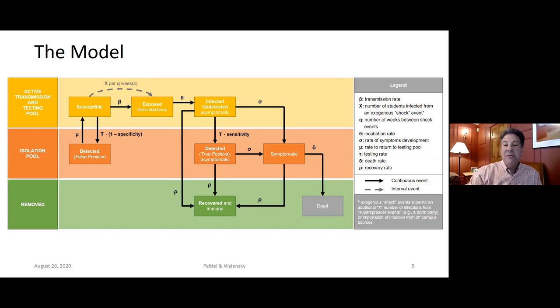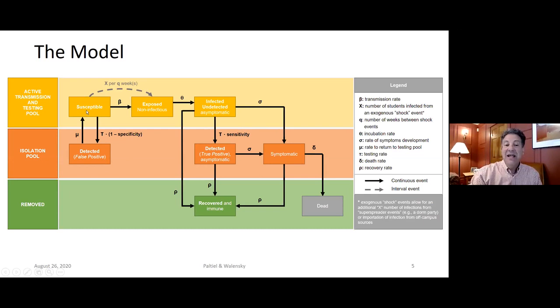What is notably different about this model from your standard SEIR framework is the fact that we are conducting testing. And so we are moving people from an active transmission pool, that upper yellow band, to an isolation pool, the orange band. Some students are here, your false positives.